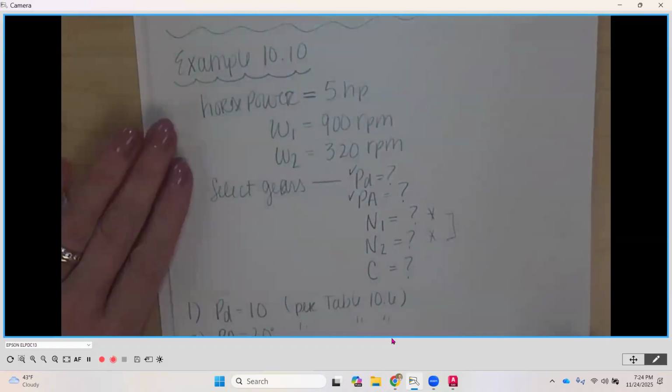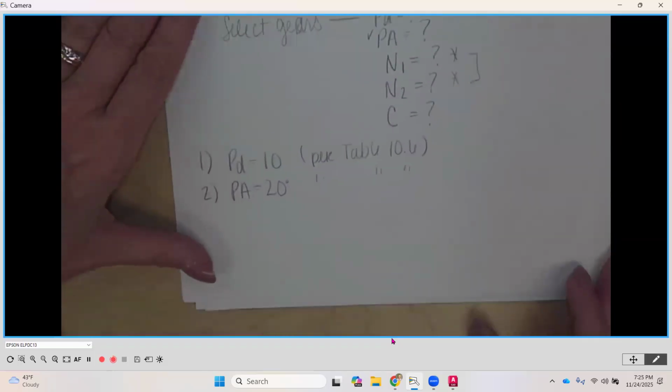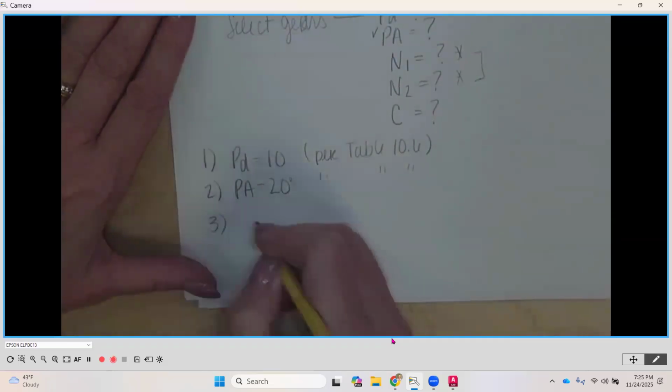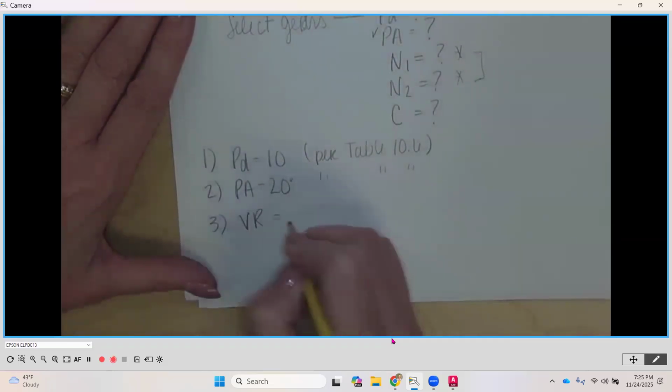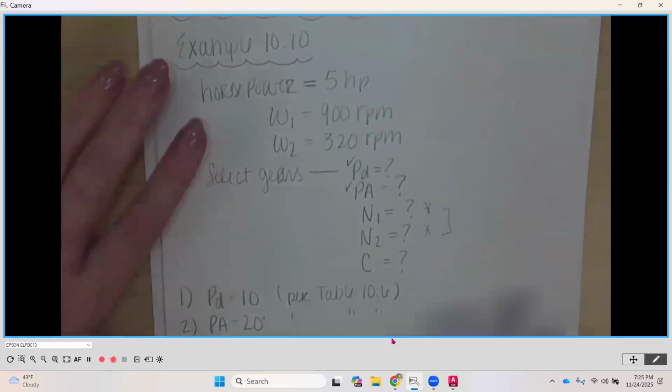So what we're going to do is use the velocity ratio relationship to help us with this. We want to calculate the velocity ratio that we need to go from 900 to 320 RPMs.